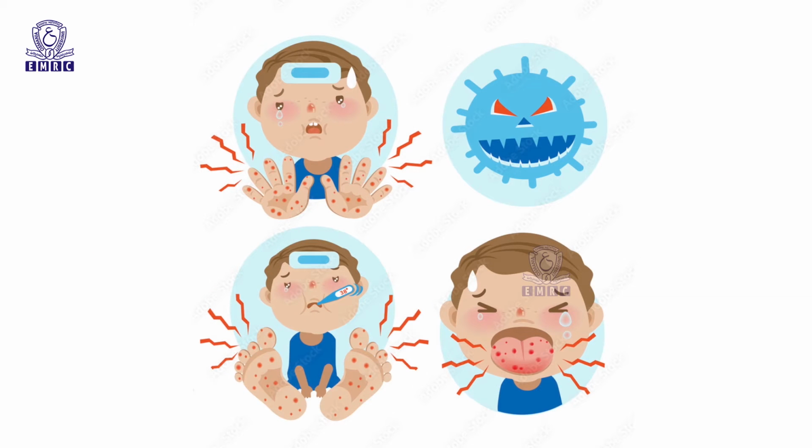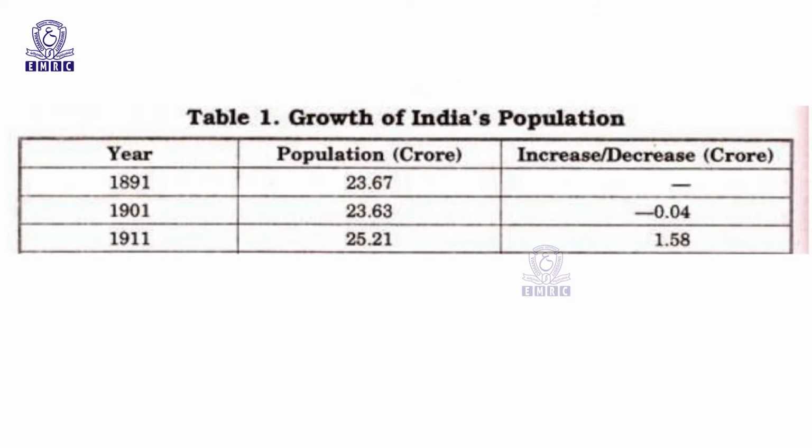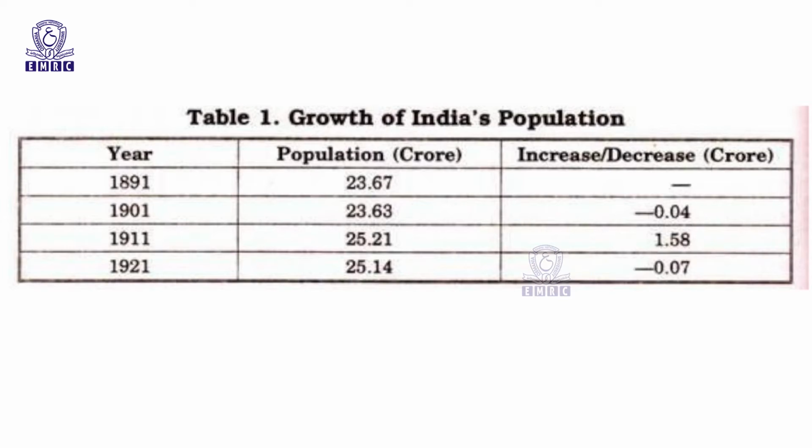Natural calamities like famines, plague, malaria, etc. played havoc with the lives of the people. 1901 to 1911, population rose by 137 lakhs in these 10 years. Death rate was low as this period remained free from natural calamities. 1911 to 1921, population decreased by 7 lakhs during this decade. Famine, plague, cholera and malaria were the main causes for this decrease.